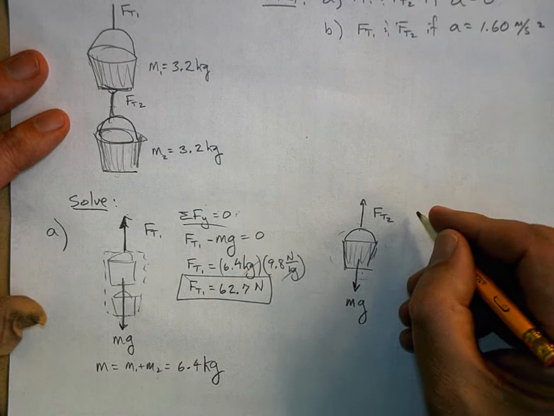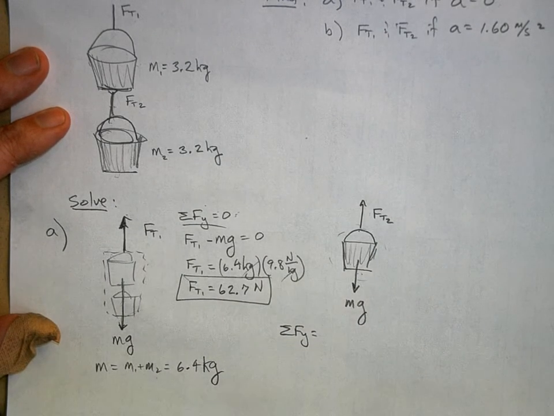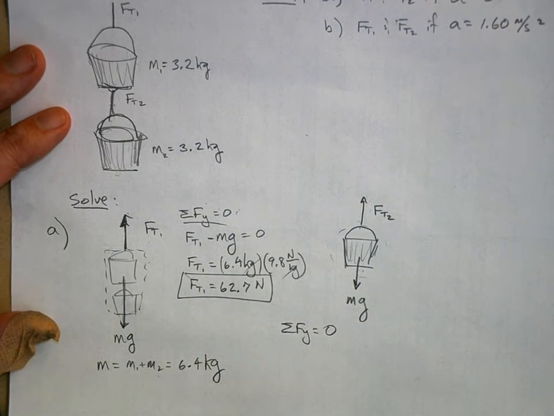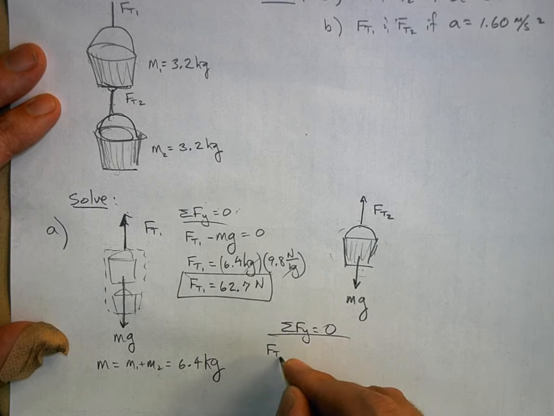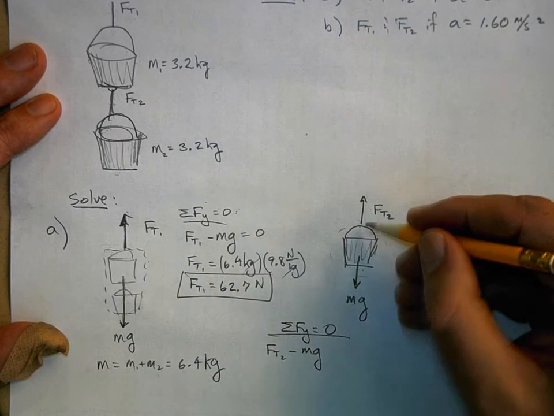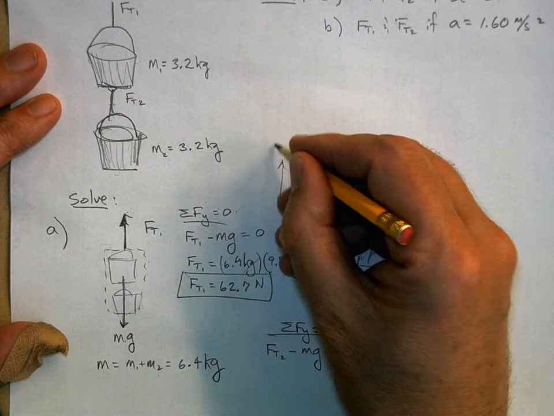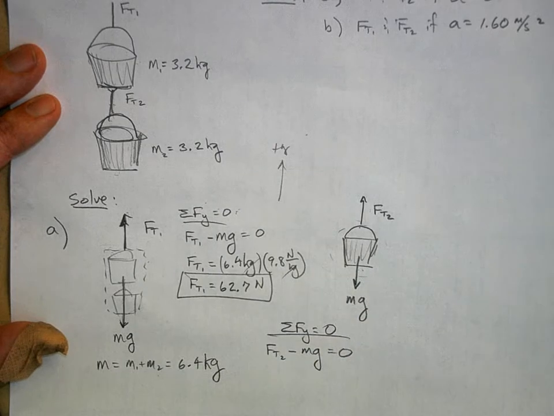So if I sum the forces in the y direction, they're going to be equal to 0, because it was given in part A that the acceleration is 0. And it's the same thing, F_T2 minus mg, right? This is positive, this is negative. I'll make this the positive y direction.